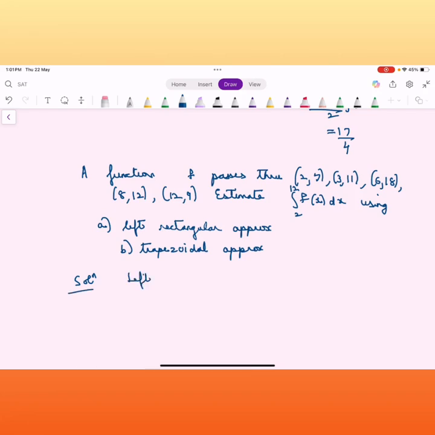Using the left sum, this will be f of 2 into, so we have 2, 3, 6, 8 and 12.